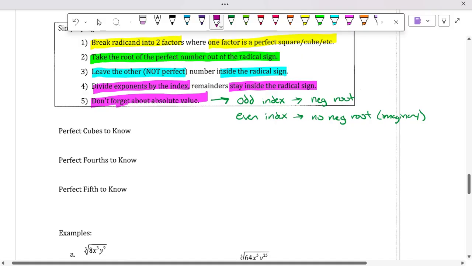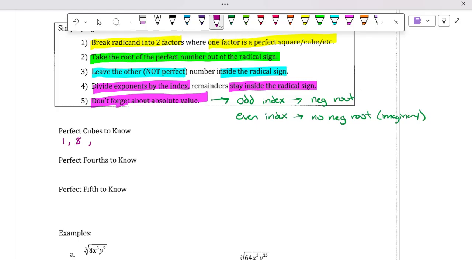Just a couple of perfect cubes you may need to know. I recommend at least knowing up to 5 cubed, but you can go further than that. With squares, you should know at least up to 15. Cubes: 1 cubed is 1, 2 cubed is 8, 3 cubed is 27, 4 cubed is 64, 5 cubed is 125.